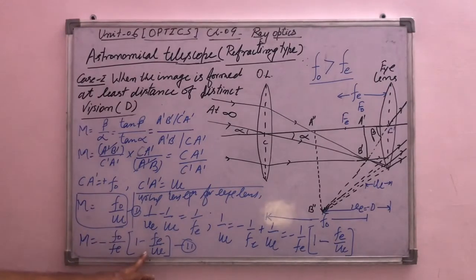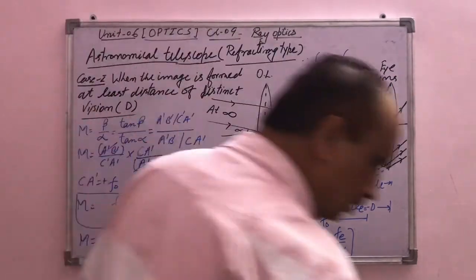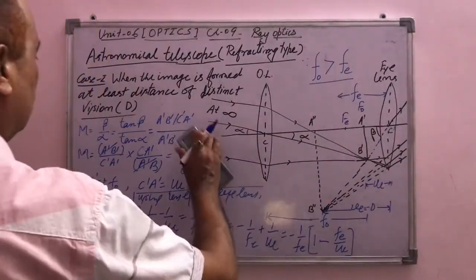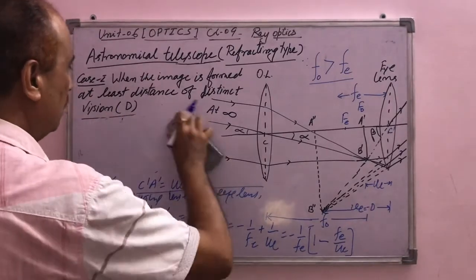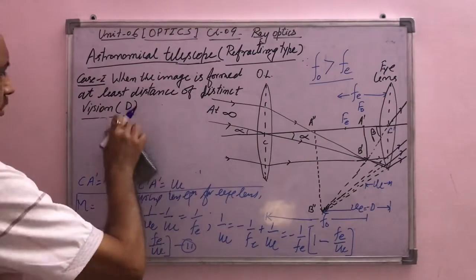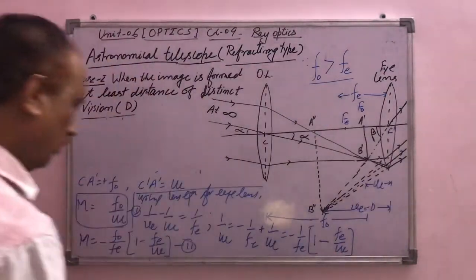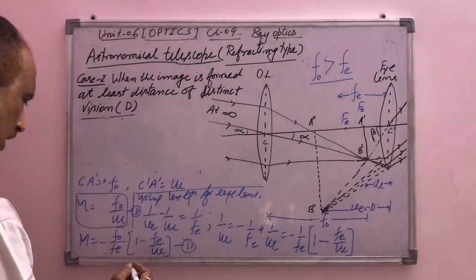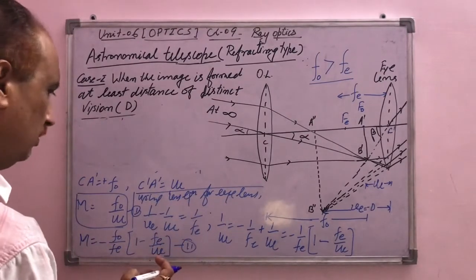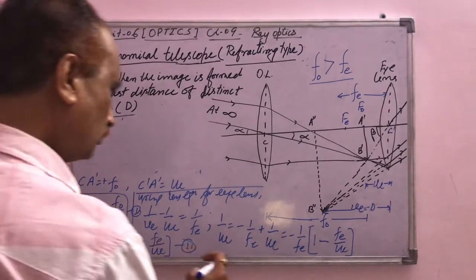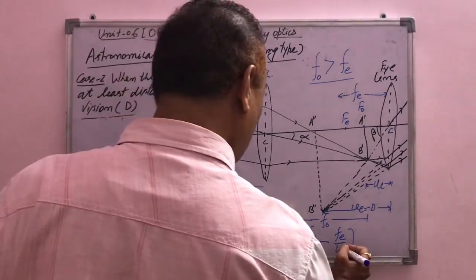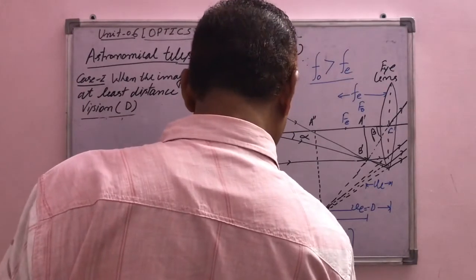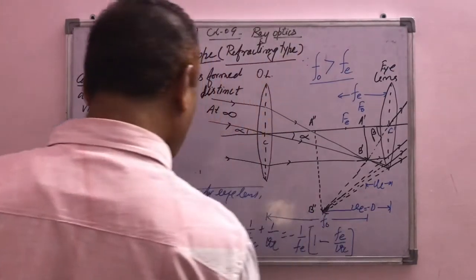Again we have to convert the formula by using the new Cartesian sign convention. When we convert the formula by using the new Cartesian sign convention, the value of VE is equal to minus D. This is the VE because UE is here.